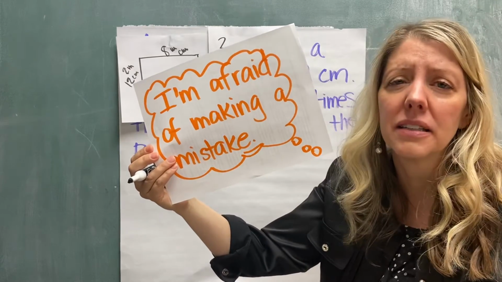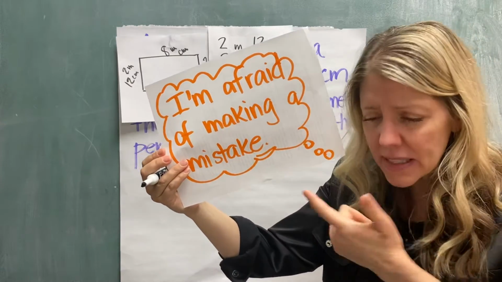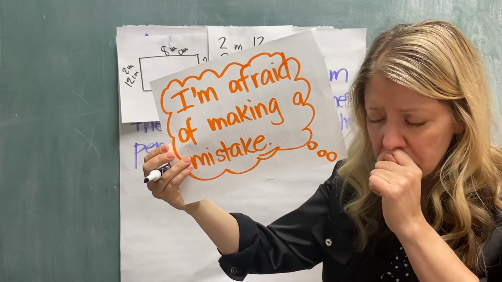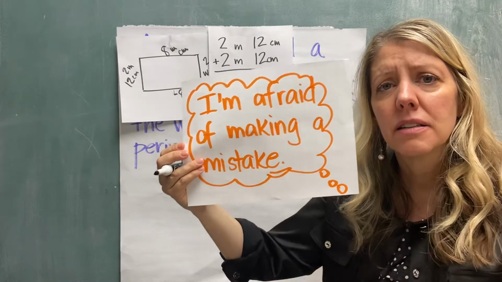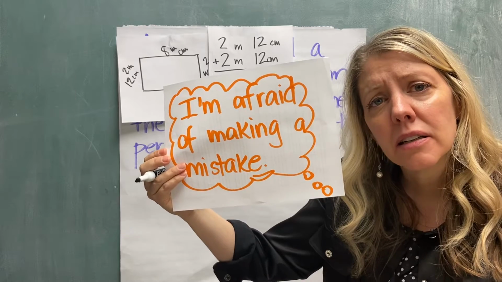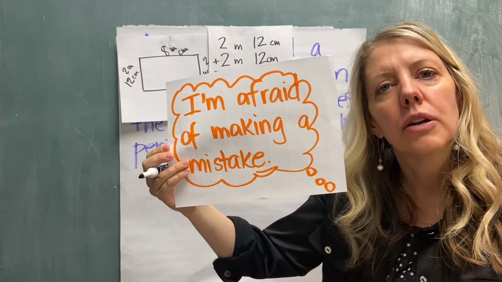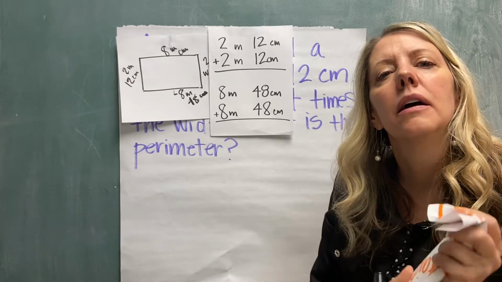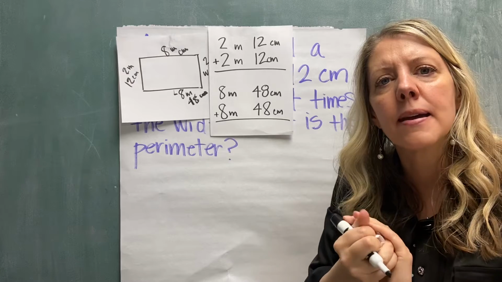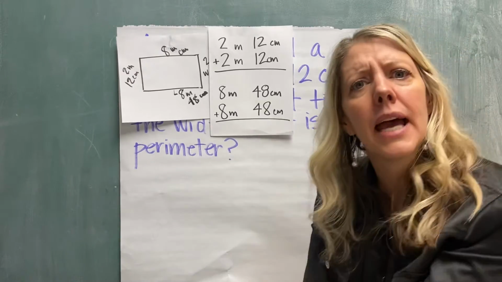But you know what? Let's analyze this. Mistakes. Do you make mistakes? I make mistakes too. You know what? Mistakes are okay. I don't need to be afraid of making mistakes.